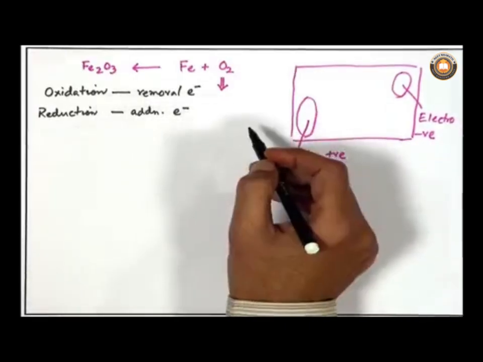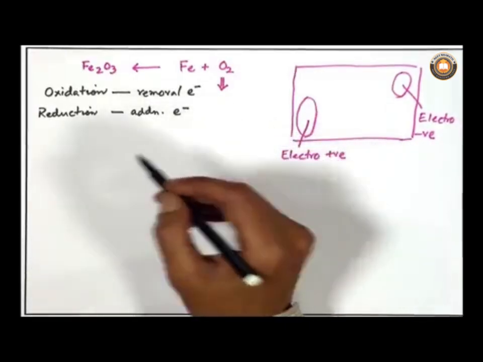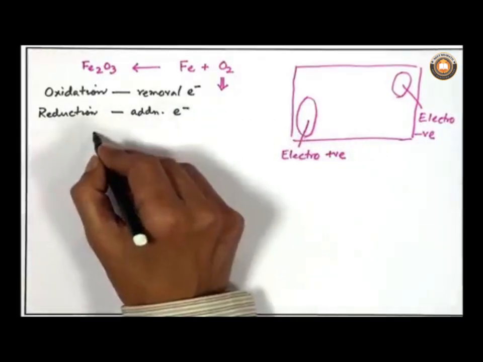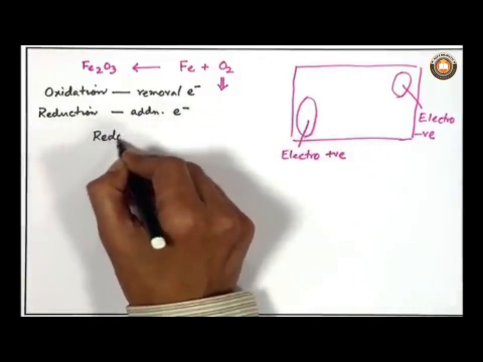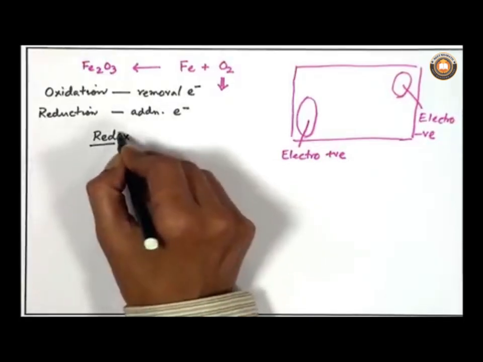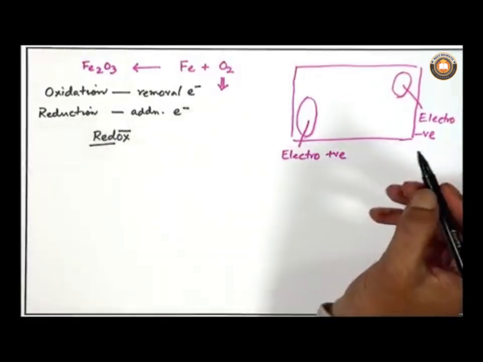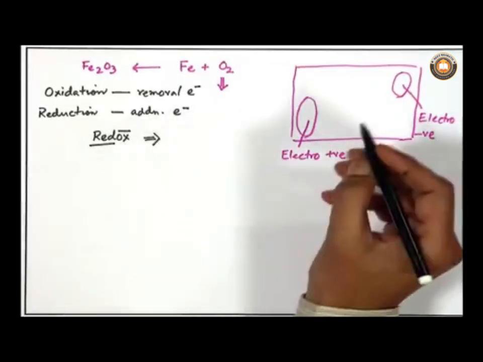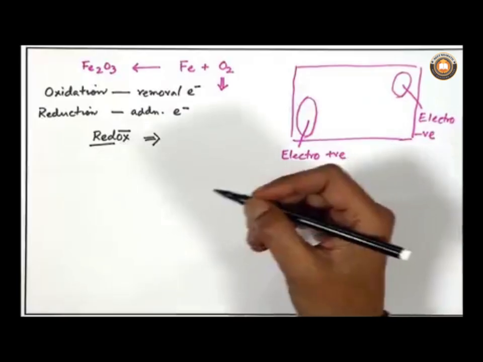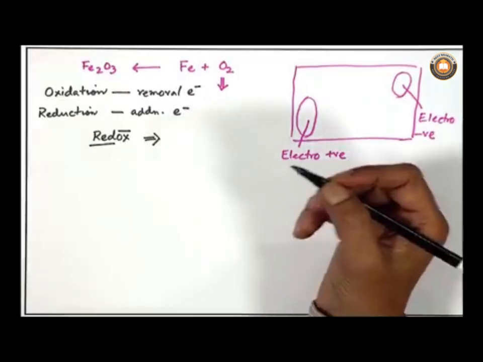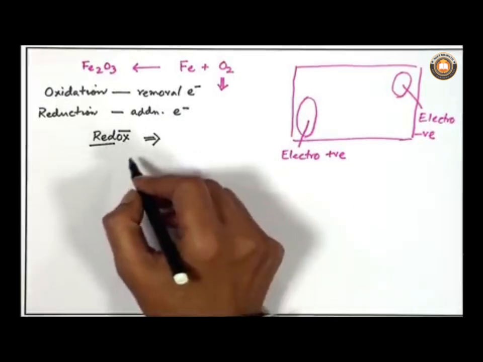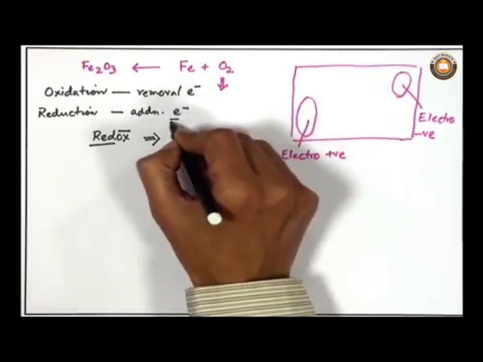These two processes follow side by side, in a particular redox reaction, which is nothing but the reduction as well as oxidation process, involving both these processes. Fundamentally, redox reactions are a family of reactions where we consider the transfer of electrons.